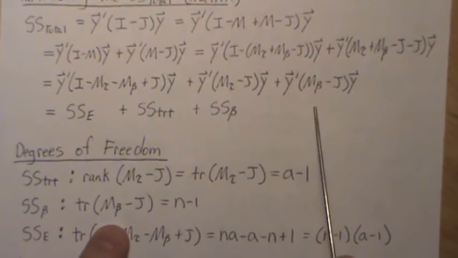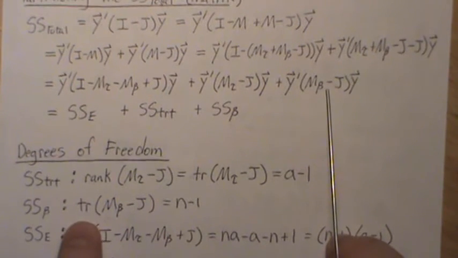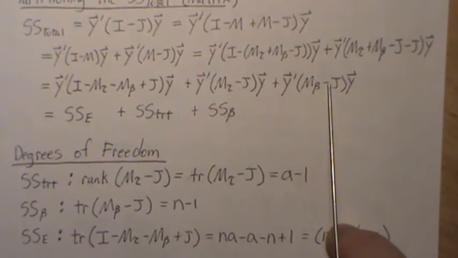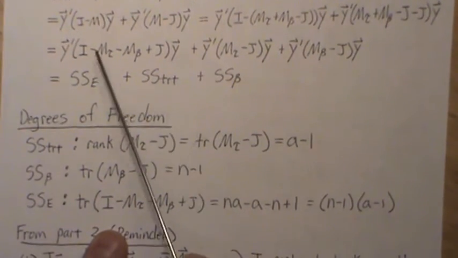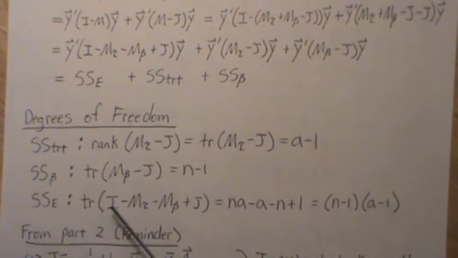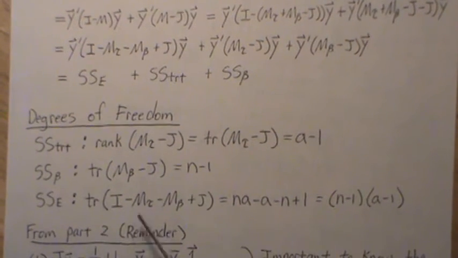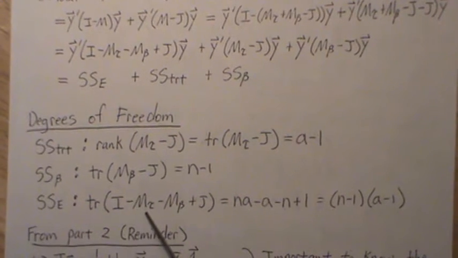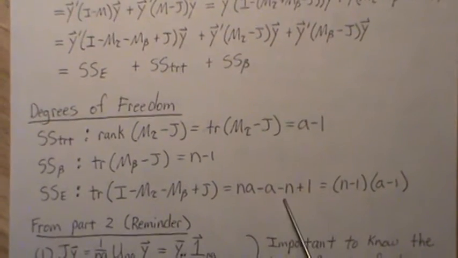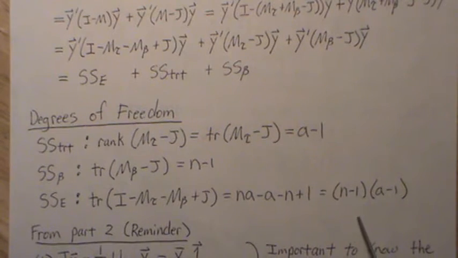And then the rank of this, and since it's a perpendicular projection matrix, it's the trace, and we've shown that it's n minus 1. And then the rank of this matrix, I minus M, equals the trace, which is n times a, minus 1. So these are the degrees of freedom associated with the rank, and it can be partitioned like this.